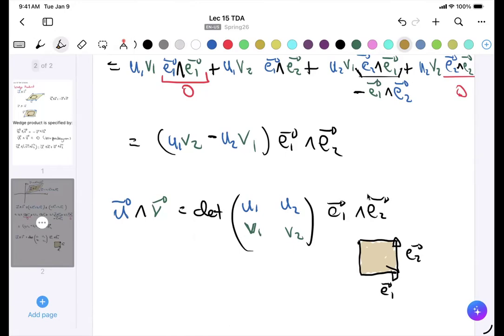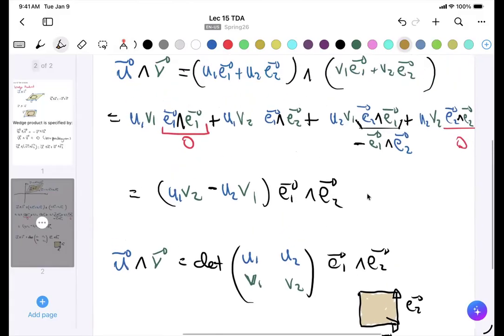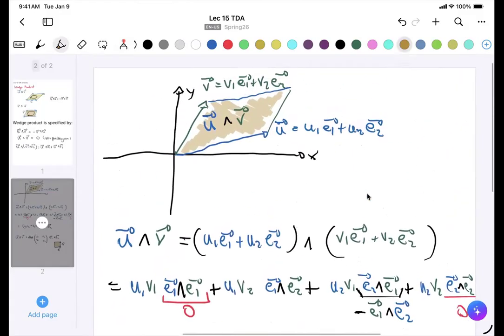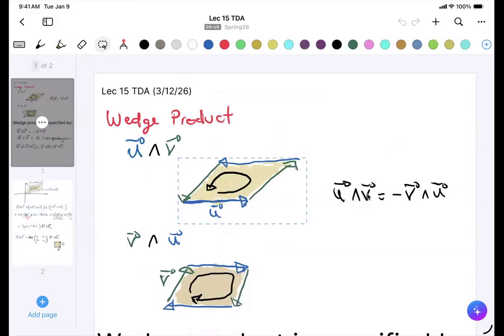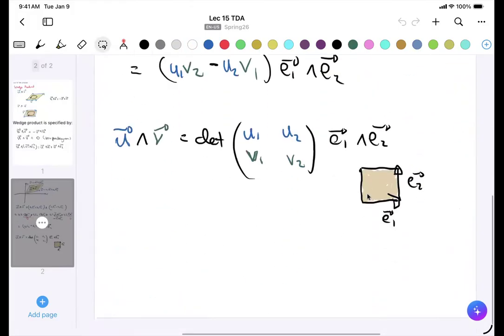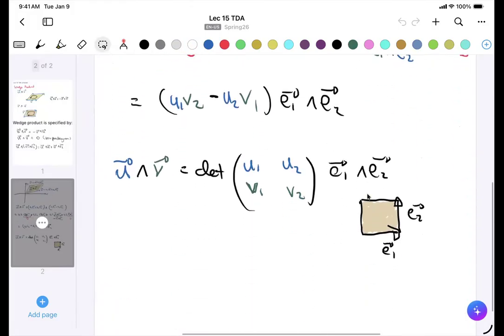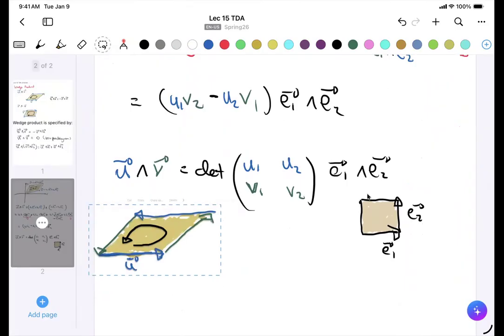So it's kind of like a cousin of the cross product, but it has a slightly different interpretation, because this is being regarded as an equality between two-dimensional objects. The difference is that now we're dealing with two-dimensional things, whereas with the cross product, we always try to turn things into vectors.